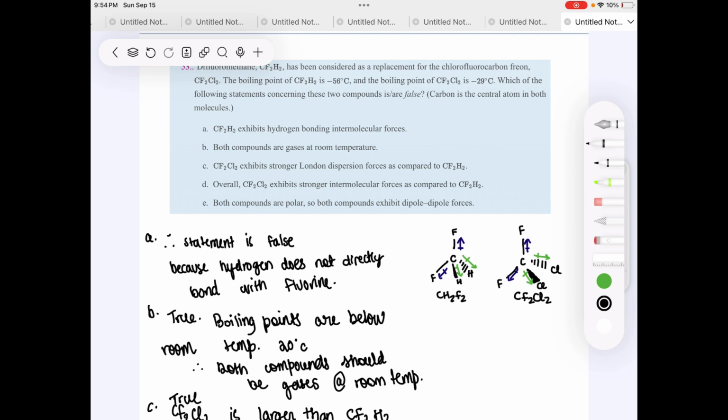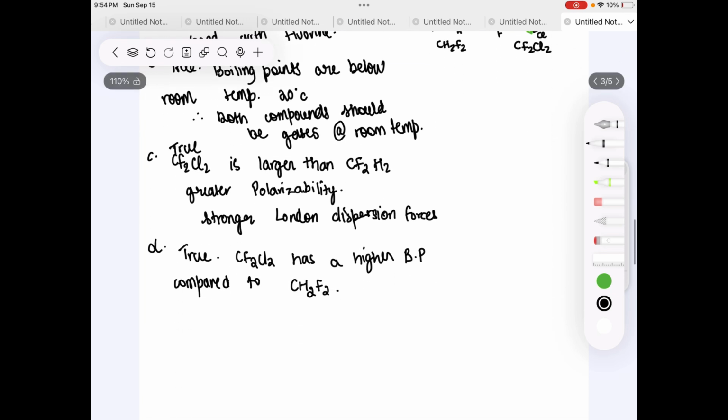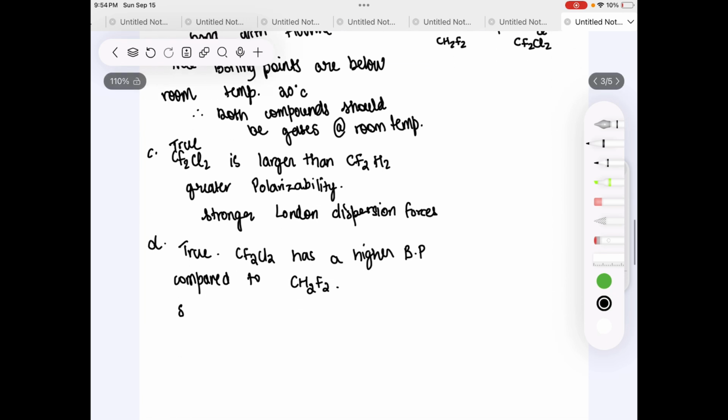CF2H2 has a boiling point of minus 56 degrees Celsius, which is less than the boiling point of CF2Cl2, which is minus 29 degrees Celsius. Therefore, it has stronger intermolecular forces.